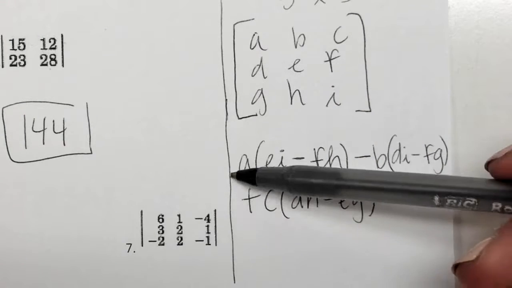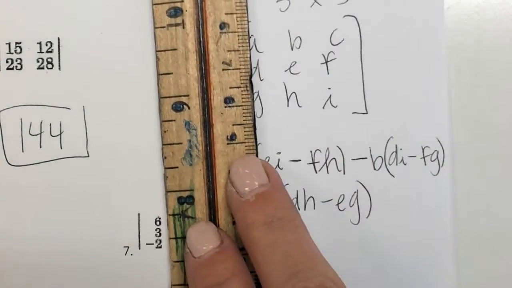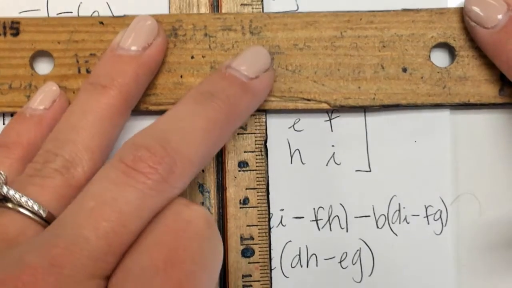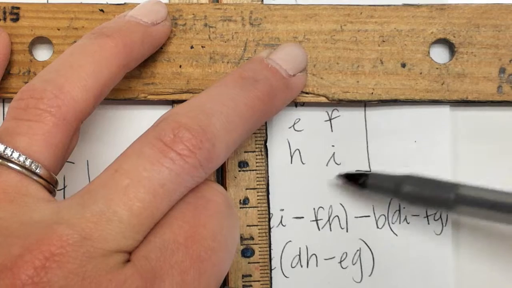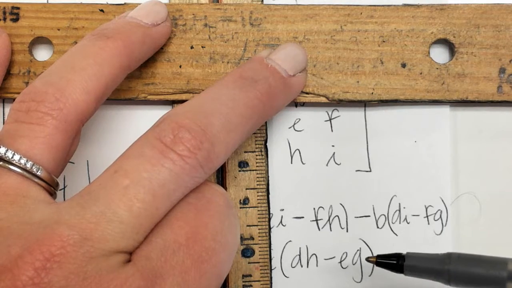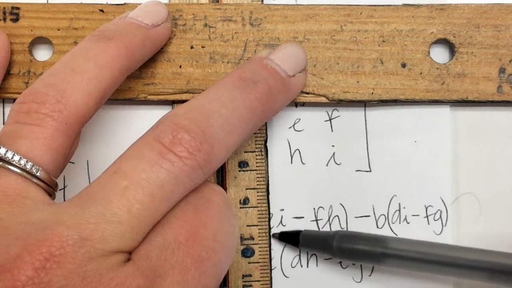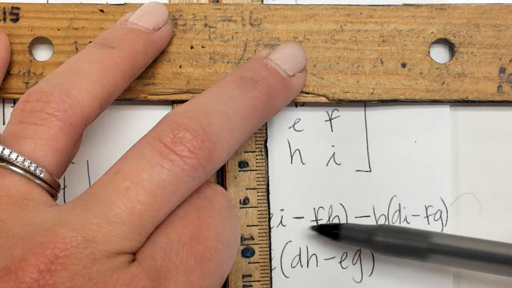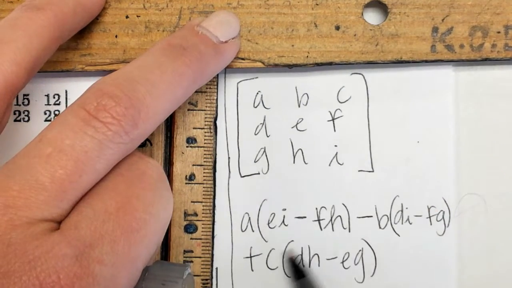So all of these, the first one, A, we are going to ignore the column that it's in and the row that it's in. And notice this little 2 by 2 matrix. How would I find the determinant of this 2 by 2 matrix? E times I, which is right here. Everybody see that? Minus F times H. Everybody see that? So they're taking A and multiplying it by this determinant.